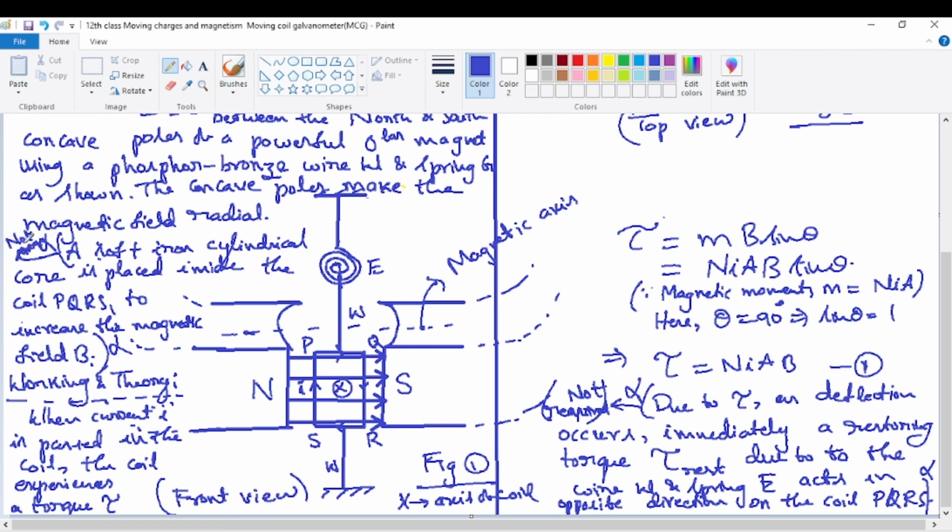I'm mentioning it here, but there is no place for it. I'll use a different color, light blue, for not required, so that it doesn't disturb the actual notes. Not required means not required in the exam.